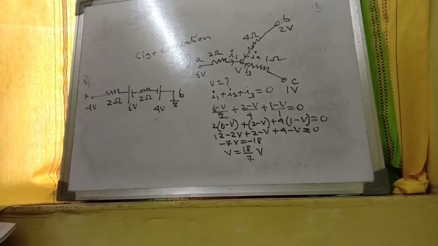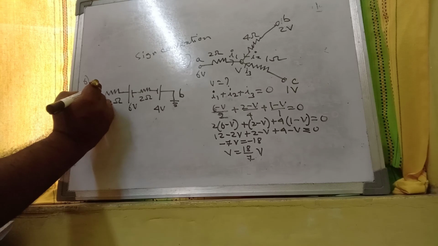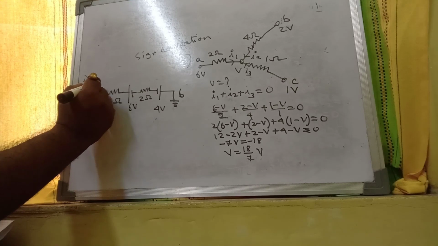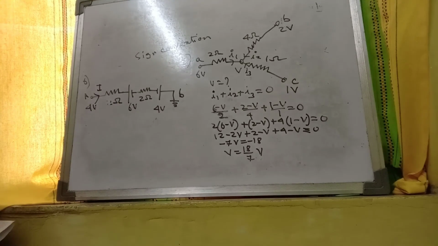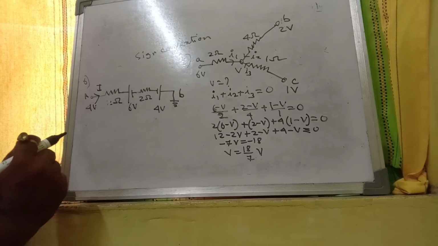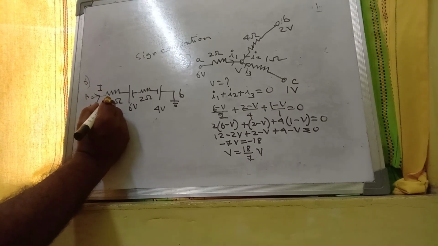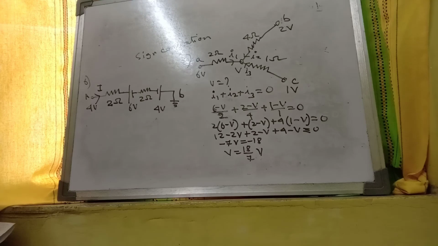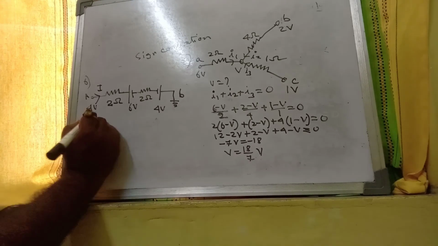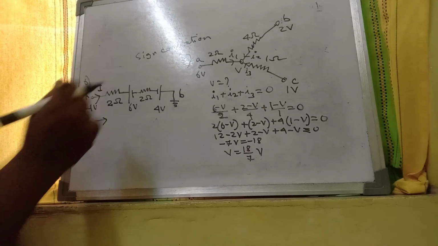So I have to follow KVL. So current I enters through A. So it should be 2 ohm. So I'm going this way in the direction of the current.